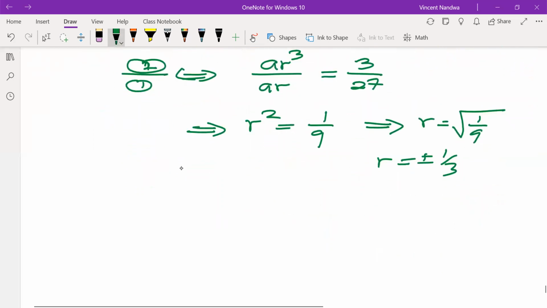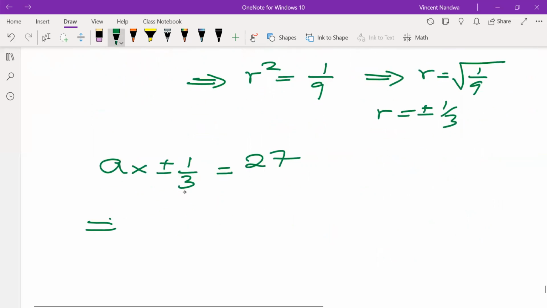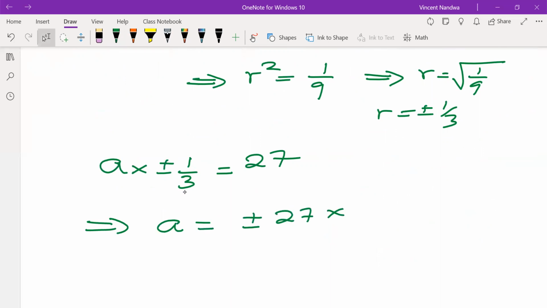So from equation 1, a times plus or minus a third should be 27, which means a is plus or minus 27 times 3. So a is plus or minus 81.